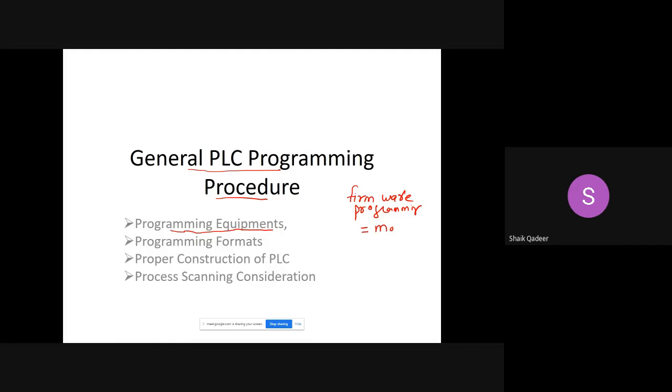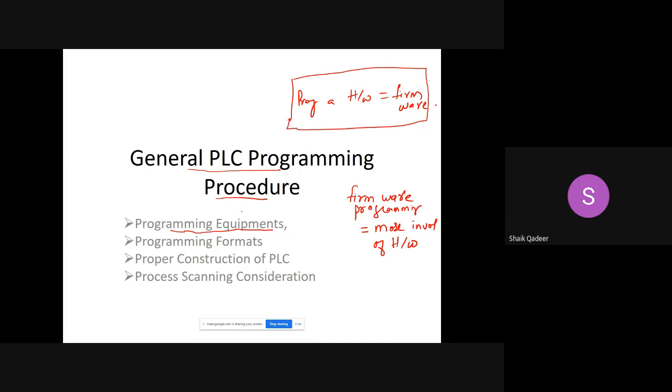More involvement of hardware, or more communication with hardware. In general, directly programming a hardware is nothing but firmware.